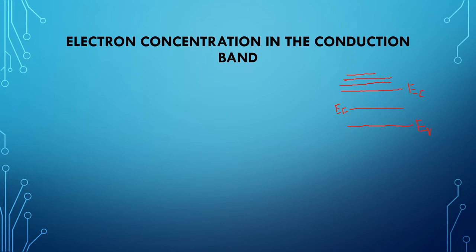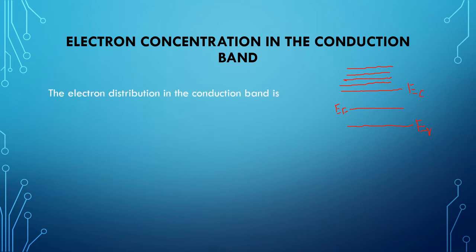So the number of allowed discrete quantum states in the conduction band is one term for the electron concentration in the conduction band. That is the density of states, number 1. And number 2 is Fe, which is the Fermi-Dirac probability function.